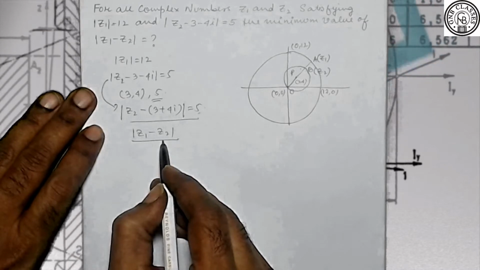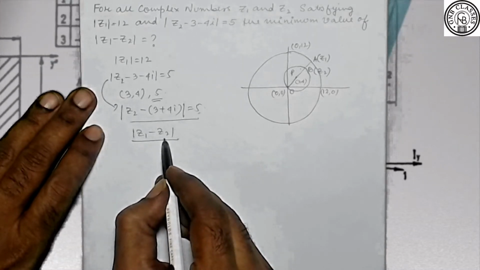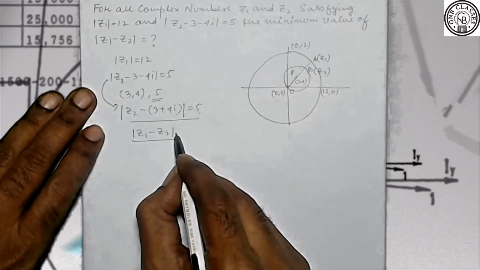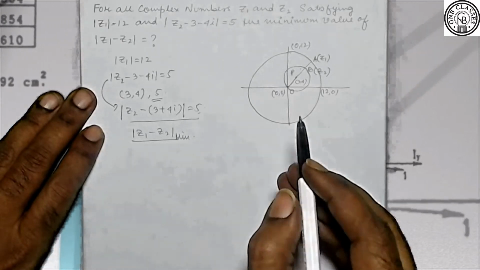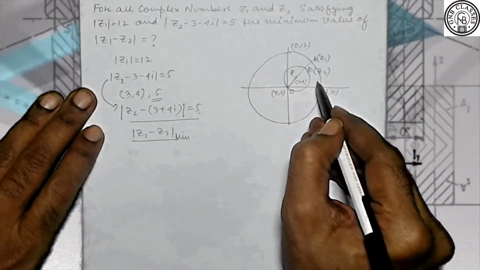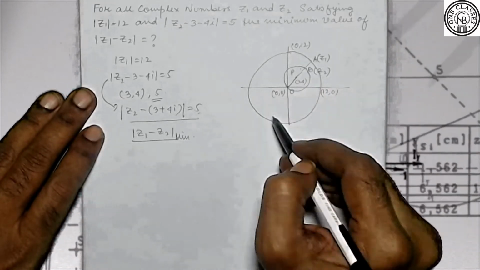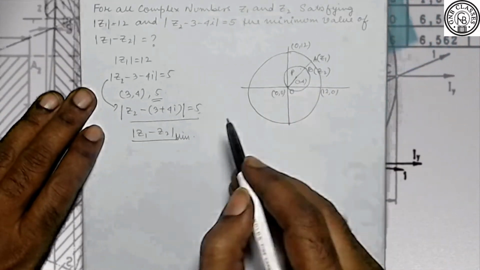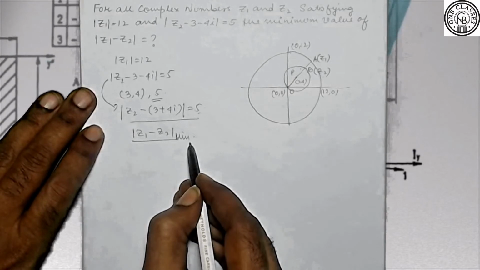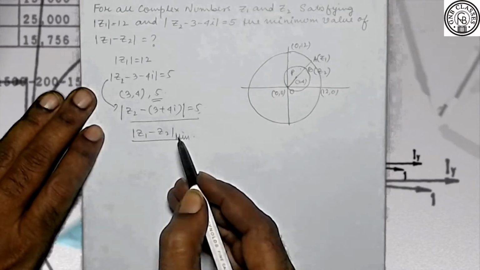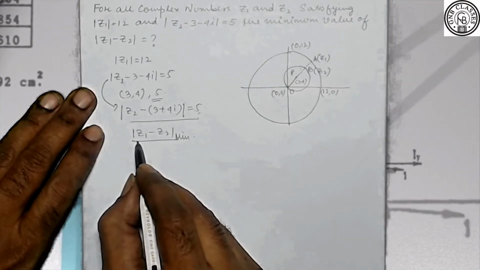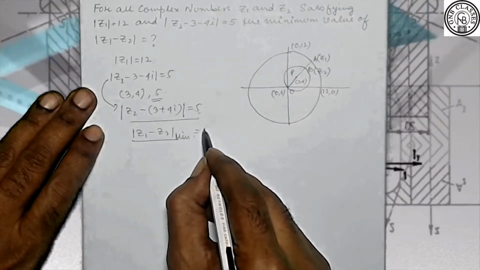It is the distance between the points z1 and z2. Now, this distance will be minimum when z1 is at A and z2 is at B. Can you dream of any other points on this circle such that mod of z1 minus z2 will be minimum? No. Therefore, the minimum distance between z1 and z2 is AB.